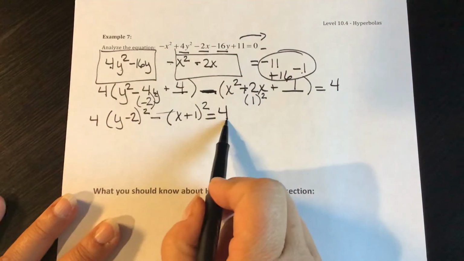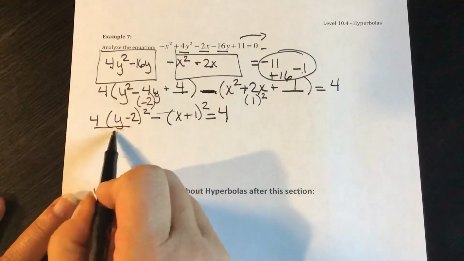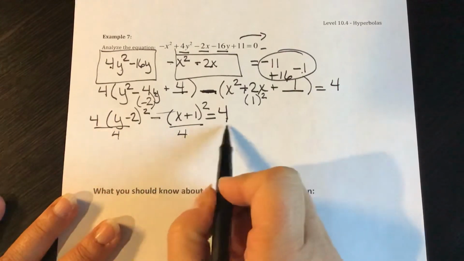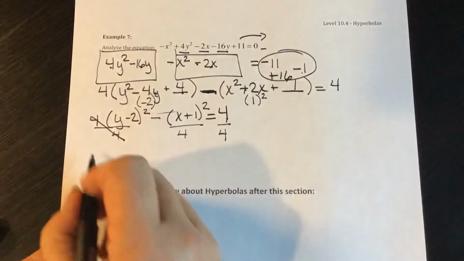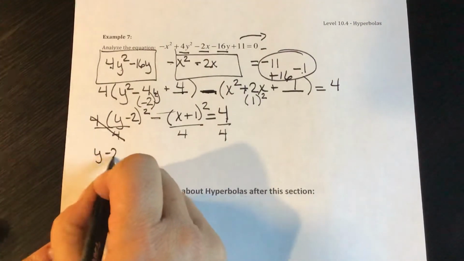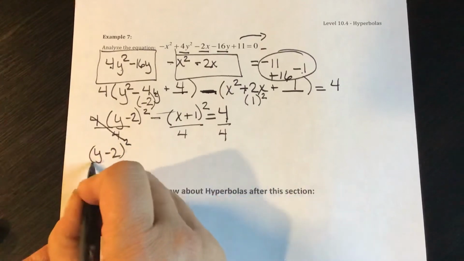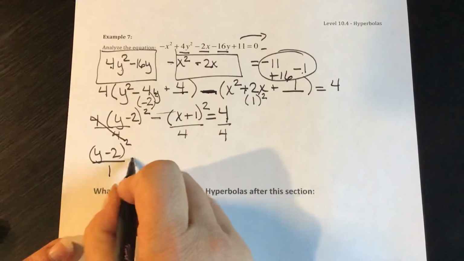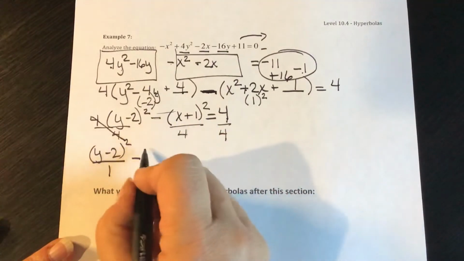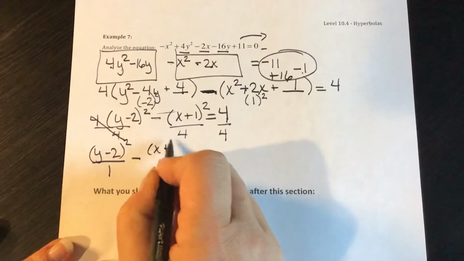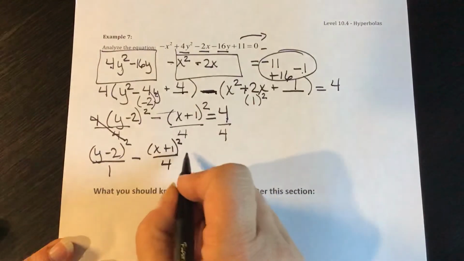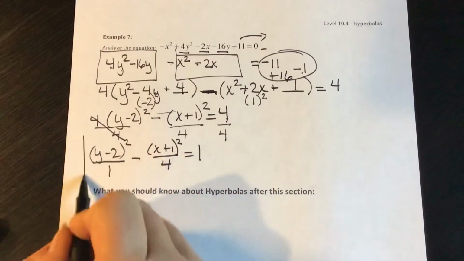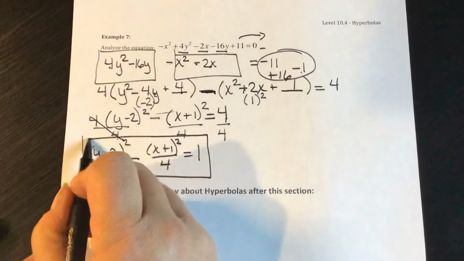So because it doesn't equal 1 here, we'll divide all of our parts by 4. So the 4's cancel here. I'll have y minus 2 squared over 1 minus x plus 1 squared over 4. Nothing can cancel here. And this equals 1. So this is my equation.